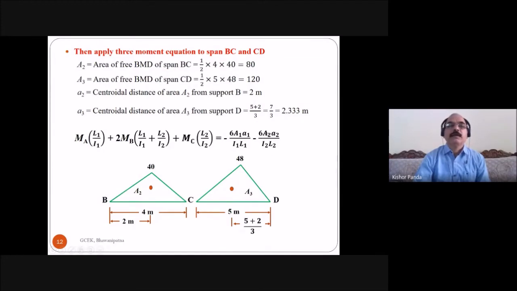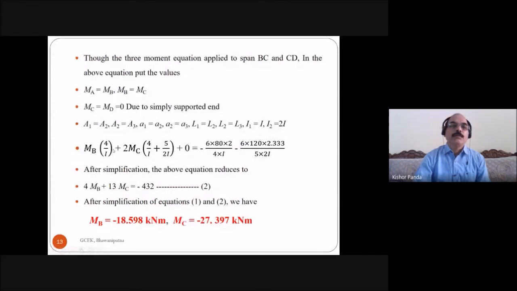Minus 6 A2, A2 is equal to A3: 6 into 120 into 2.333 divided by I2, which is 2I, and L2 is 5 meter, so 2I into 5, 10I. So MB, 4 by I plus 2MC, 4 by I plus 5 by 2I, plus 0 is equal to minus 6 into 80 into 2 divided by 4I minus 6 into 120 into 2.333 divided by 5 into 2I.